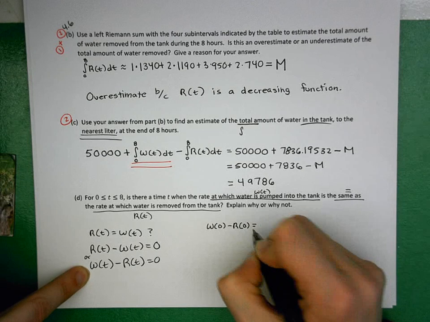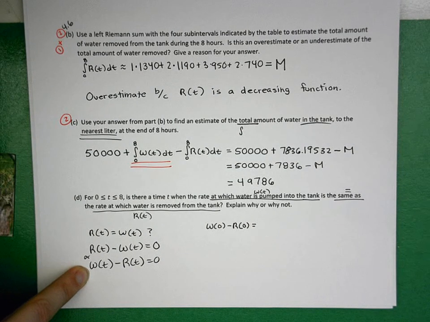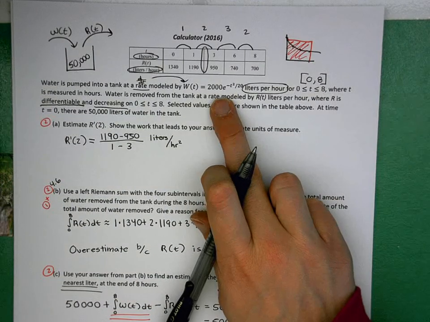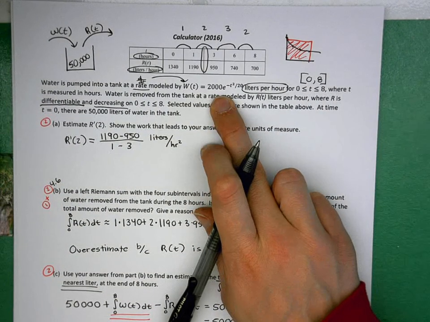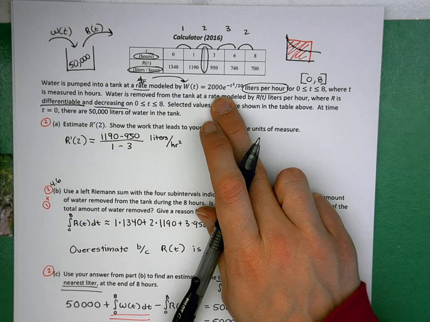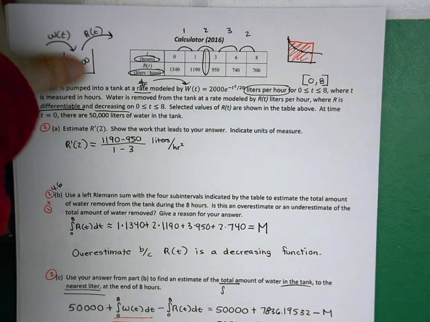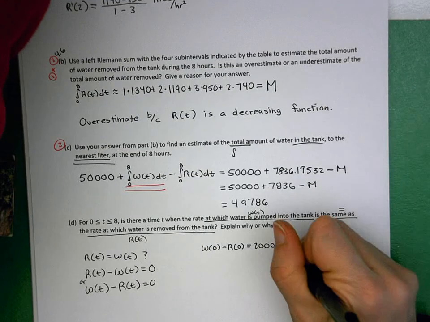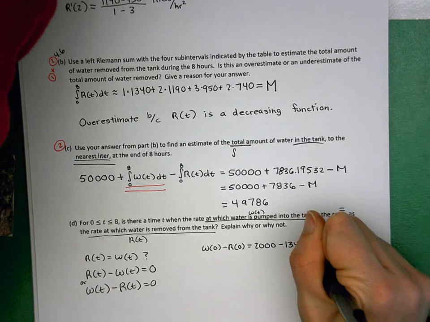My w of 0, using my calculator and plugging that in, would give me 2,000 e to the 0, which is 2,000, minus my r of 0, which is 1340, is 660, or some positive value there.